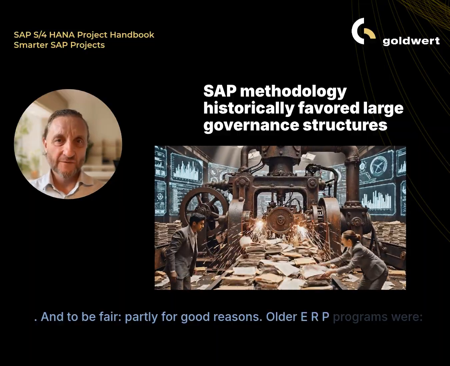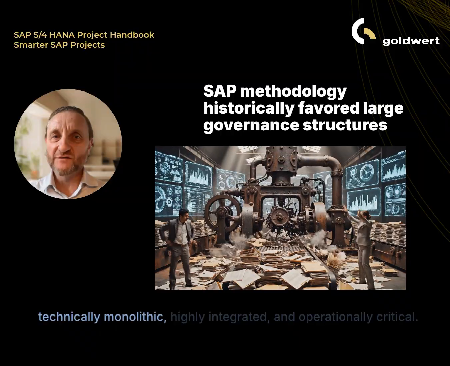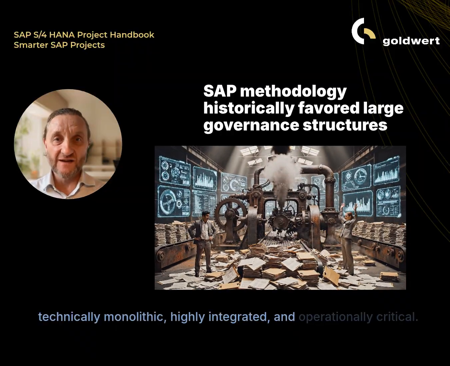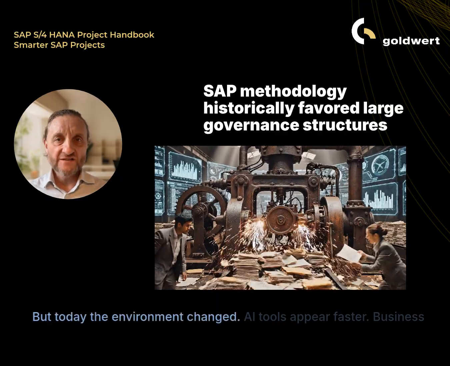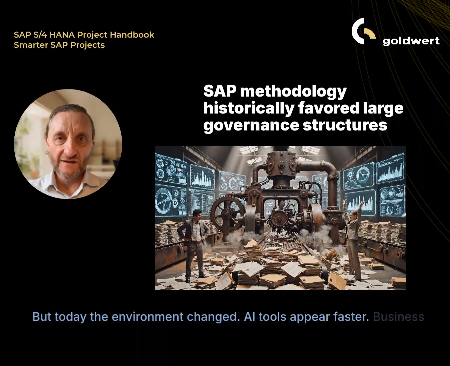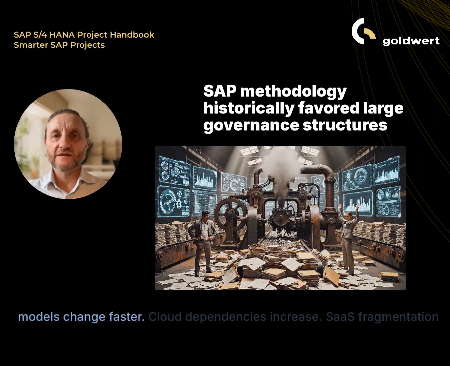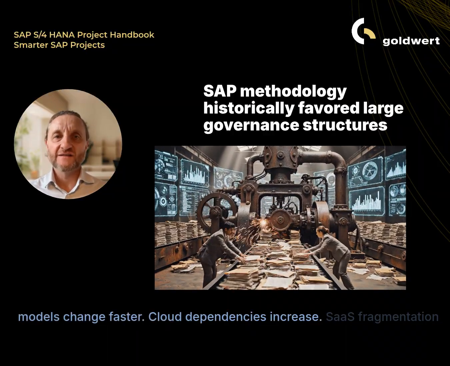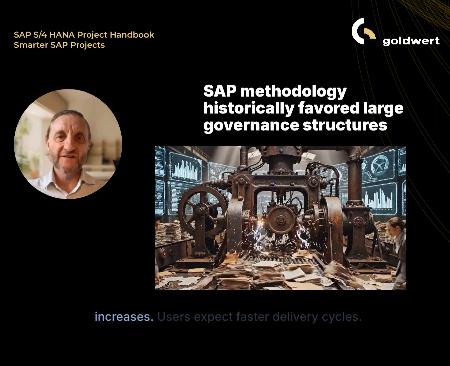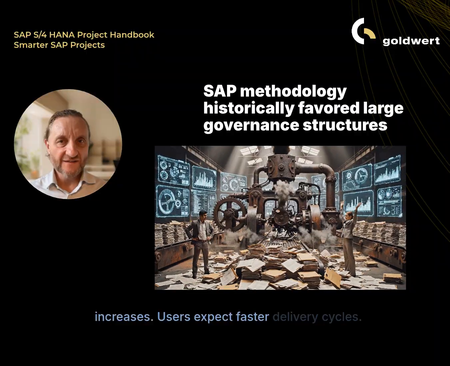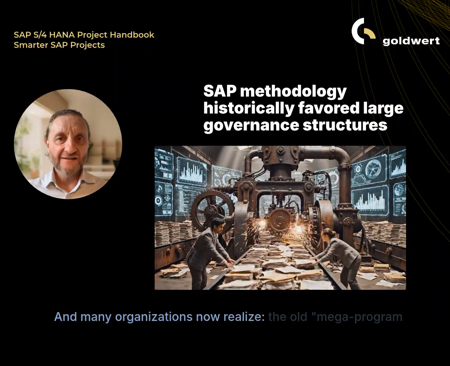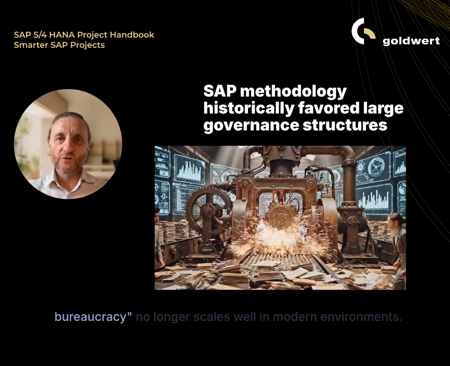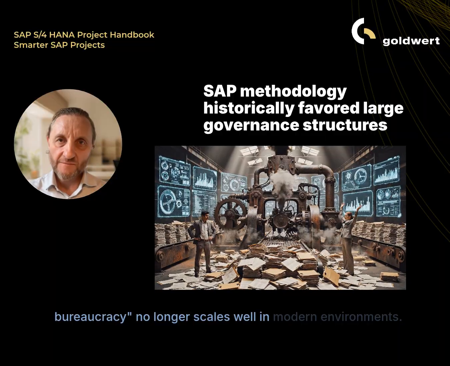Older ERP programs were technically monolithic, highly integrated, and operationally critical. But today, the environment changed. AI tools appear faster, business models change faster, cloud dependencies increase, SaaS fragmentation increases, users expect faster delivery cycles. And many organizations now realize the old mega program bureaucracy no longer scales well in modern environments.